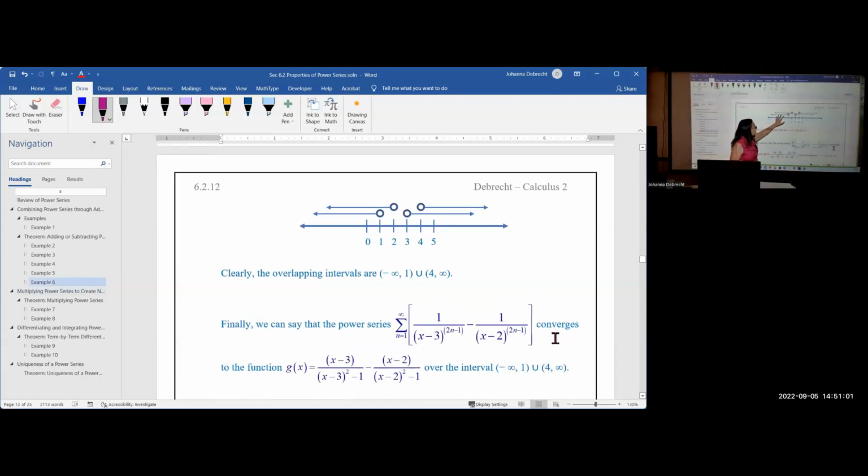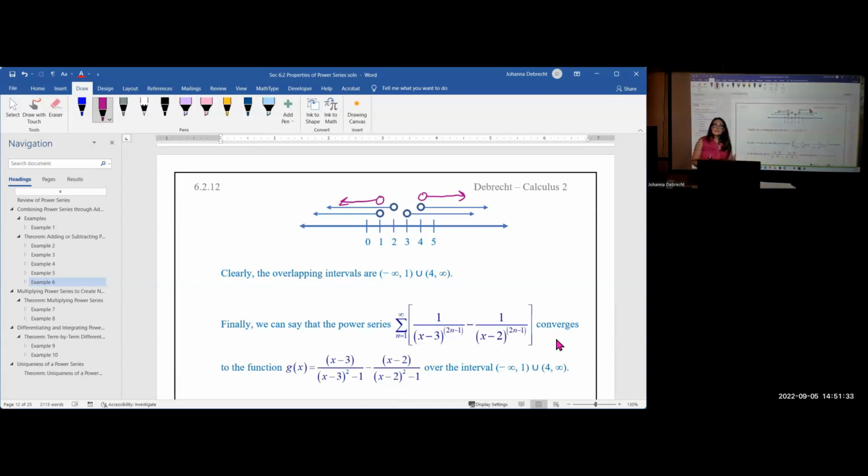So I put the two intervals of convergence on the same number line, and now you can see by looking at it what they have in common. From open 1 to the left, which is negative infinity to 1, and from open 4 to the right, that's the region that they both include. So that becomes our new interval of convergence for the combined power series for these two.